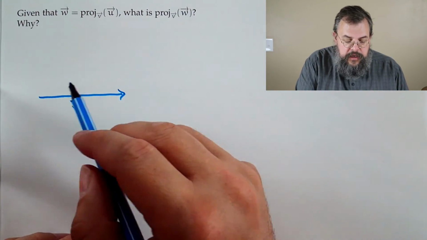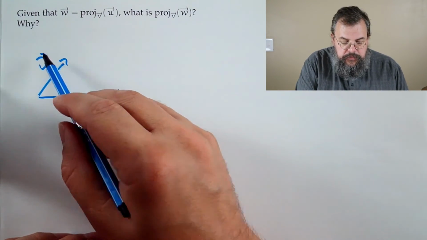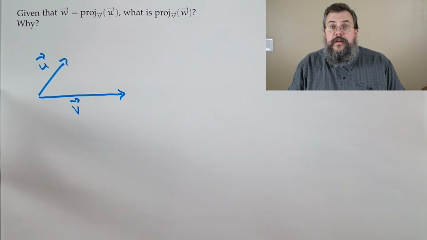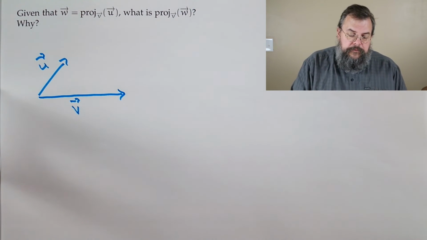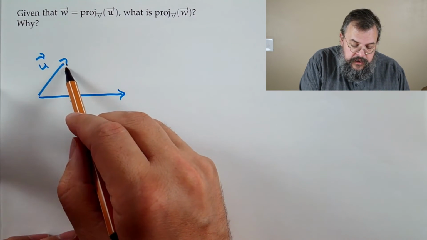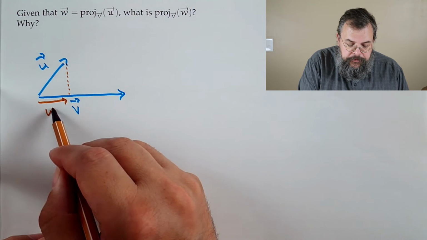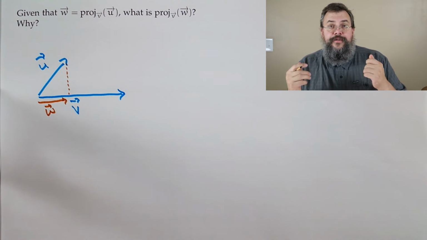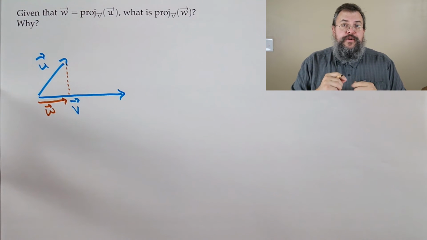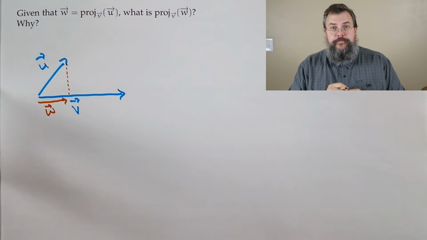Here's v, and here is u. And now we have w, which is our projection of u onto v. It'll be right here. All right, so there's our projection. Then there's the question: what is the projection of w onto v?